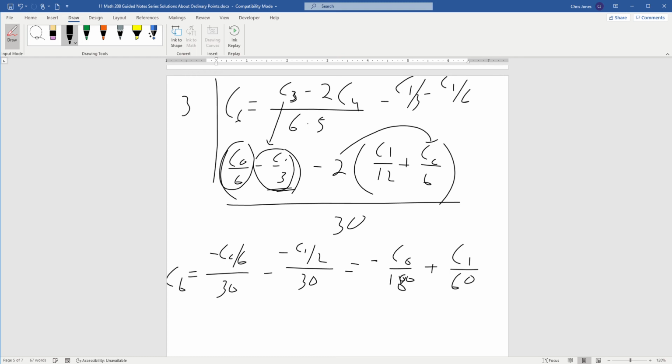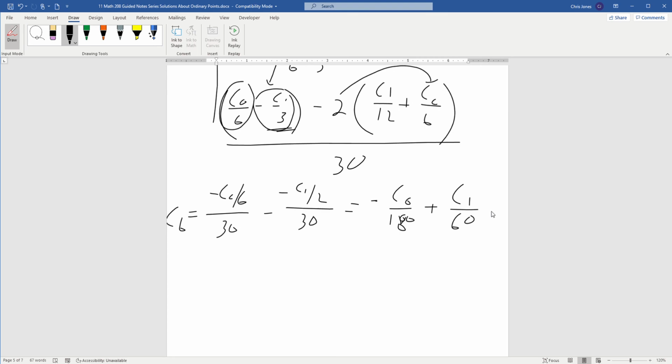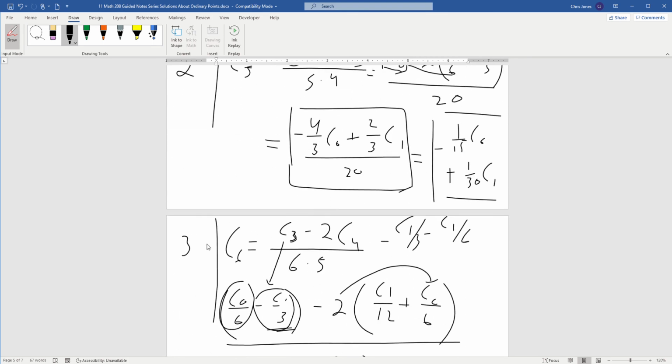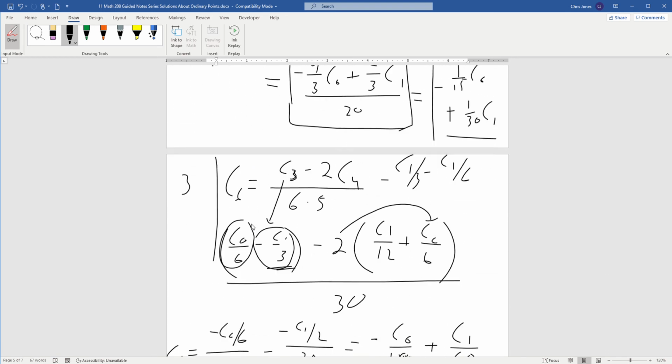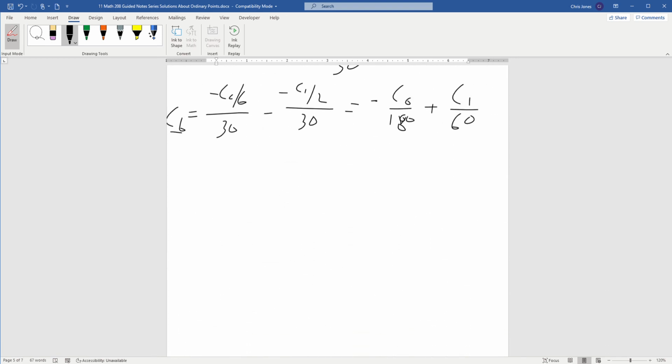Now, I think we probably have enough terms to be able to write out the solution to this. All right. So when we write the solution, remember, all of these C's are the coefficients of the powers. Okay. So we're going to write our solution y as C0 plus C1x. Okay, because remember, it's a power series.